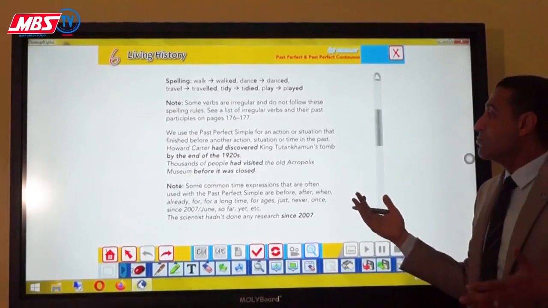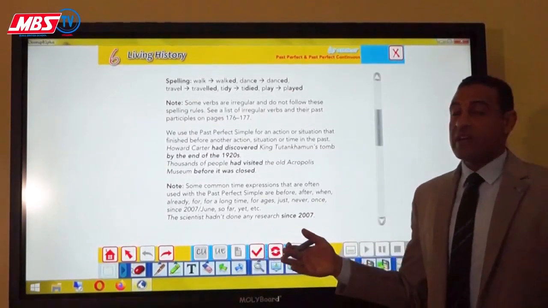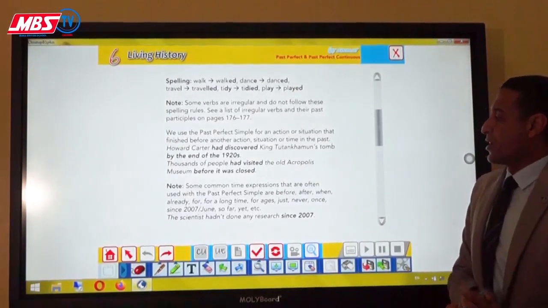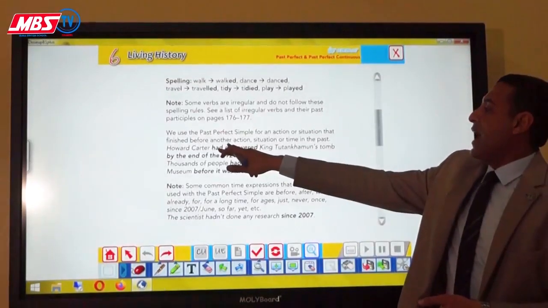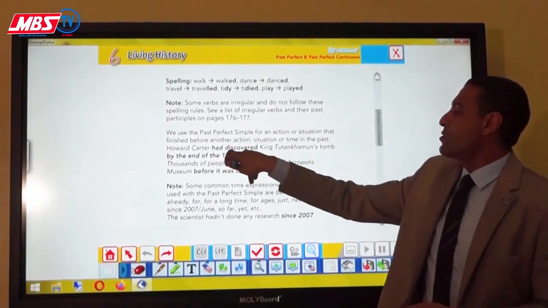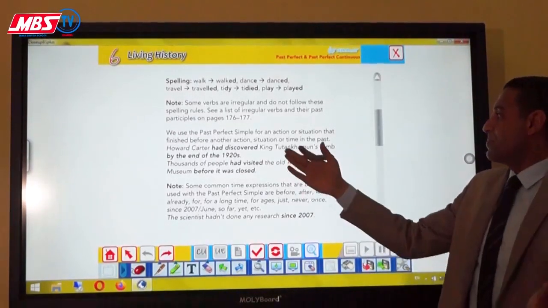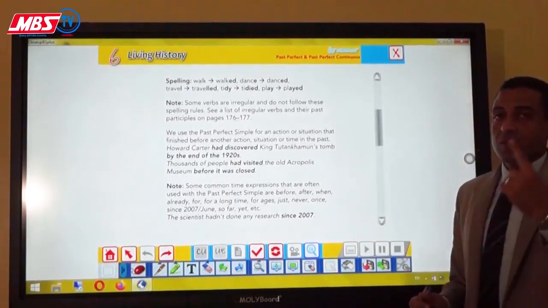Here we have two things: the discovery and the end of this decade. The discovery happened before the end of the decade, so I use the past perfect. And here we can simply use the past simple because we have just one action.